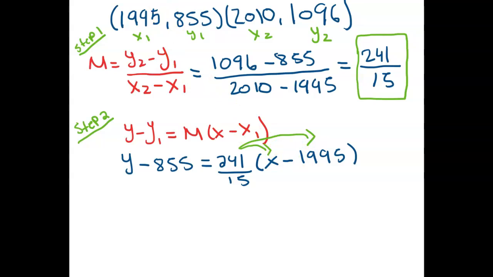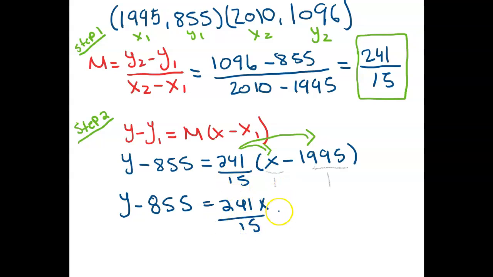Again, keep in mind, when you multiply fractions, multiply the top times the top, bottom times the bottom. So 241x over 15. Then we're going to have minus, what is that? 241 times 1995 gives you a fairly large number, divided by 15 gives you a similar, not so large number. 32053. Now we're going to add the 855.